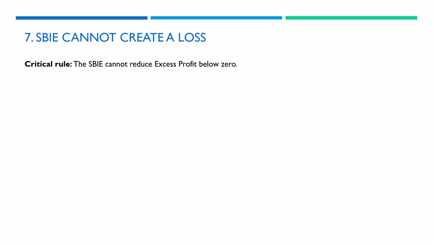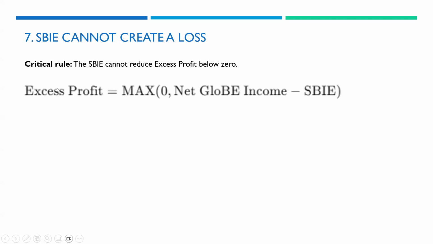So there could be a situation where the net GloBE income is lesser than the SBIE. In such a scenario, it would be limited to zero. SBIE cannot reduce excess profit below zero. So excess profit is the maximum of zero or net GloBE income minus SBIE. That's the formula.